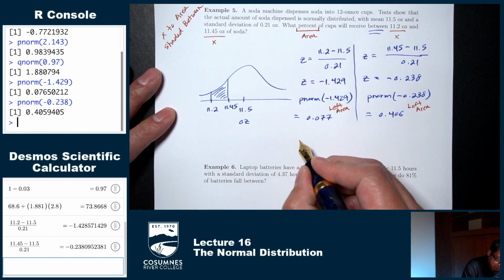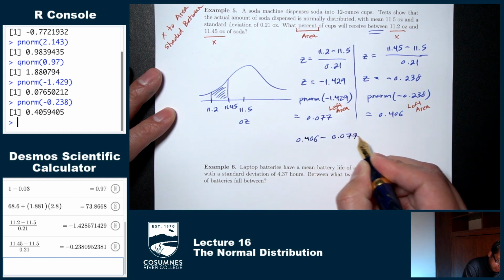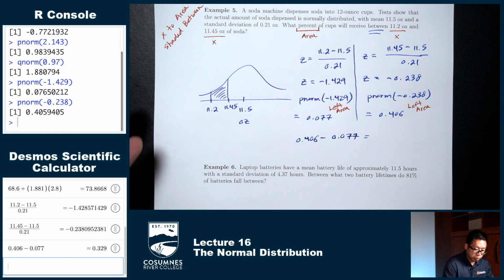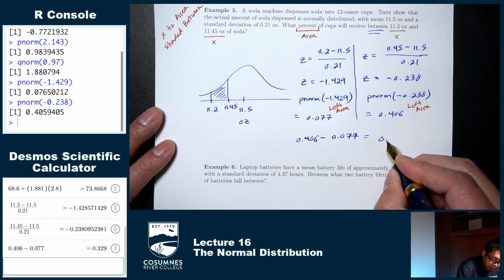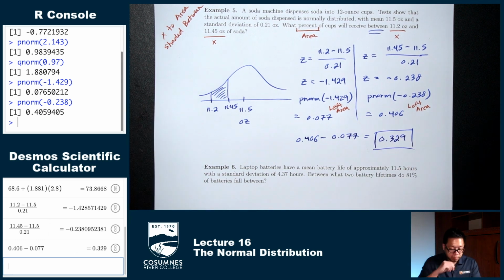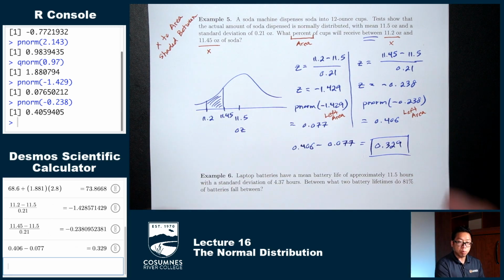Take the bigger one first, so 0.406 minus 0.077. Okay, so on the calculator, 0.406 minus 0.077, 0.329. Okay, so anytime you're looking for the area between, find the two left areas from p-norm, subtract them, and that will get you the area between.